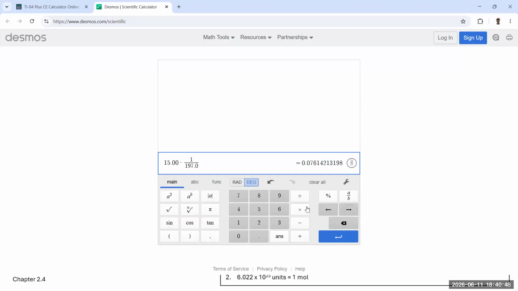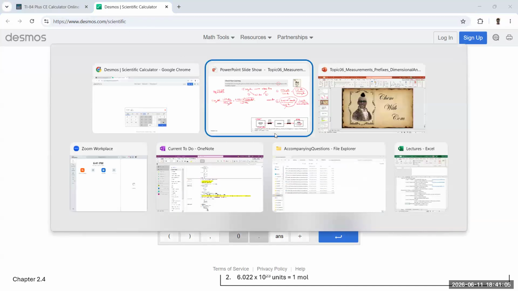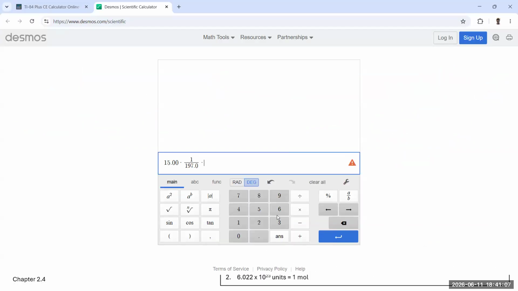Let's go back and move over the arrow a bit, 197.0, and then multiply the whole thing by, and again, since we're using exponential notation, 6.022, using those brackets, times 10 to the 23rd.